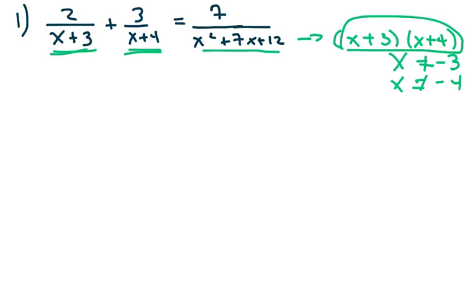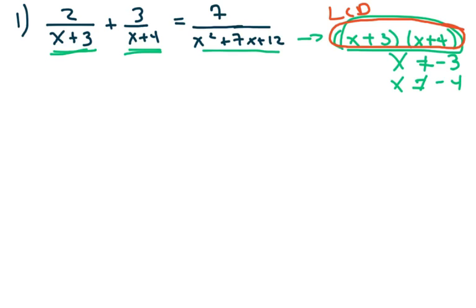Now what I'm going to do is clear the fractions by multiplying by the LCD. The LCD is this right here. You have to take both of them. And just think about it: you want all factors to be able to go into this.